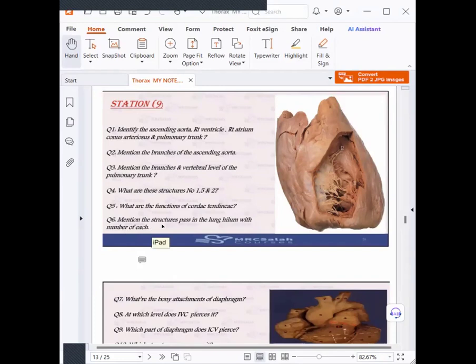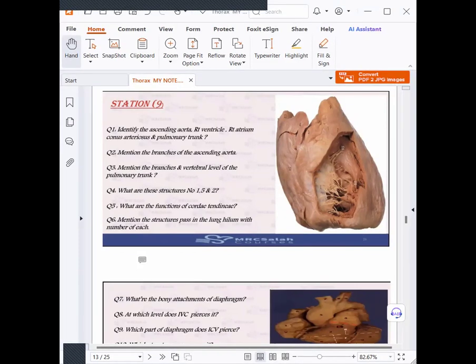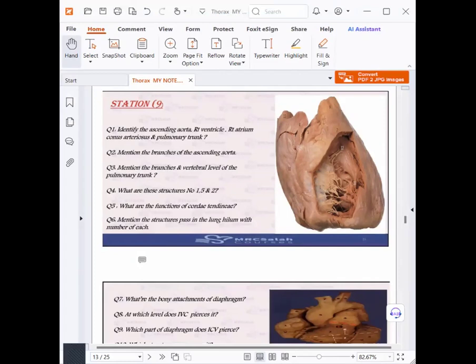Mention the structures passing in the lung hilum with number of each. There's one pulmonary artery, 2 pulmonary veins, and one principal bronchus. Anything else in lung hilum?